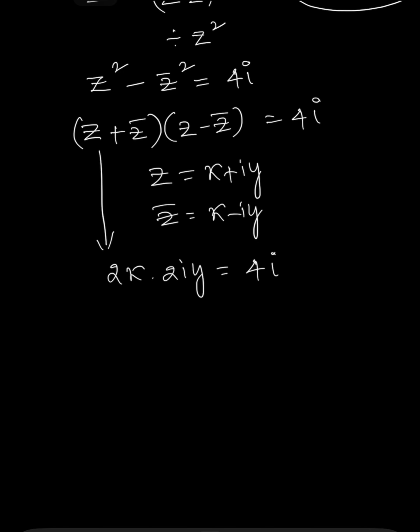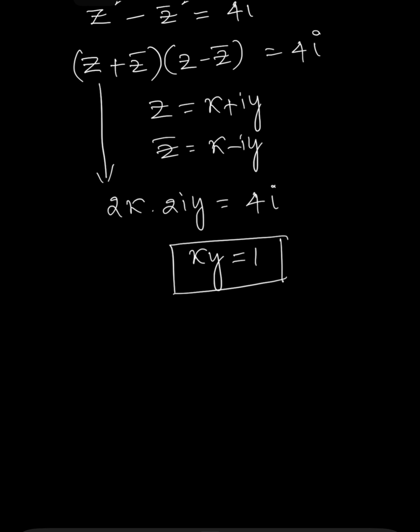Now we can cancel 4 on both sides and divide by i, so we get xy equal to 1 finally. And we know that xy equal to some constant always represents a rectangular hyperbola.